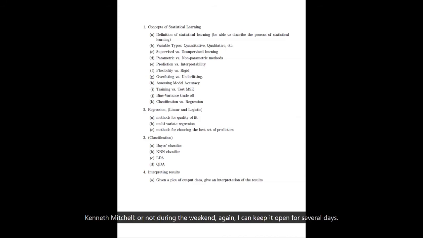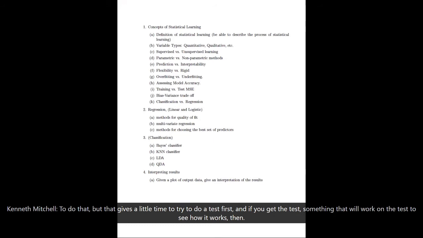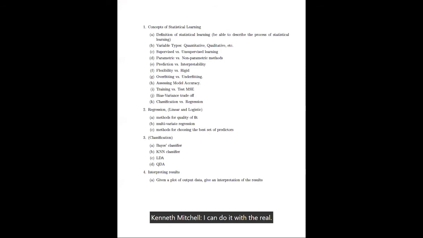Again, I could keep it open for several days, but that gives a little time to do a test first. And if we get something that'll work on the test to see how it works, then I can do it with the real one.